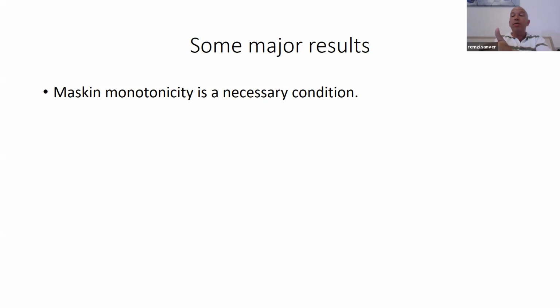Then Maskin monotonicity says that X must be chosen at this new profile as well. This is demanding, as you see, because it overlooks what happens above X. So I may have some Y which is slightly above X, and then this Y may go very much up, and Maskin monotonicity says that this shouldn't harm the chances of X being elected. So it's quite a demanding condition.